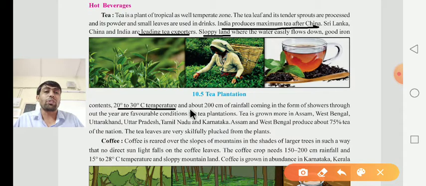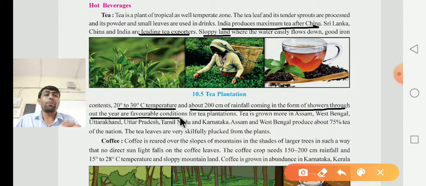And about 200 centimeters of rainfall, coming in the form of showers throughout the year, is the favorable condition for tea plantation. Dear children, they have given the images of the tea plantation.